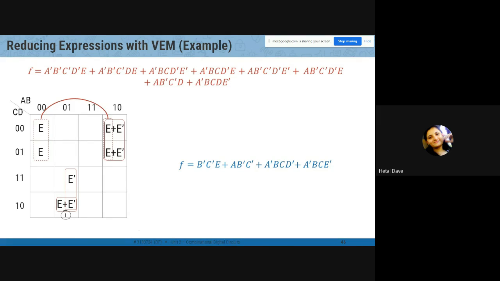Is there any doubt? So if this kind of equation is given, please look at this kind of term. If in your examination this kind of term is given where one variable is missing, then please consider it. Otherwise, your equation will not be minimized. Any doubt?